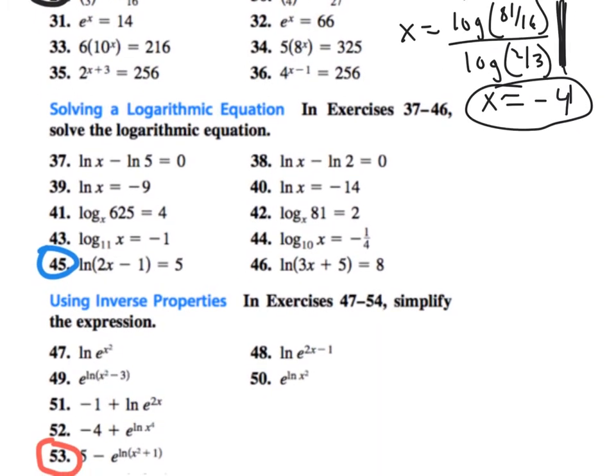Next problem I want to look at is problem number 45, natural log. I'm going to think of that as log base e. Since natural log is already by itself, I'm going to say e to the 5th equals what's inside. Doesn't say do any rounding, so I'm going to add 1 to both sides.